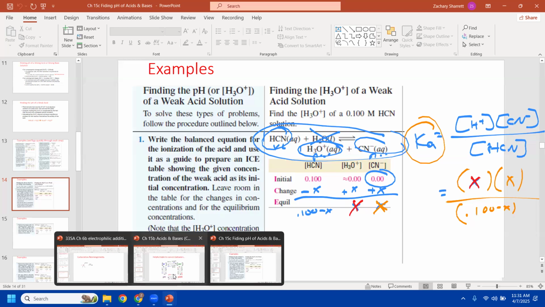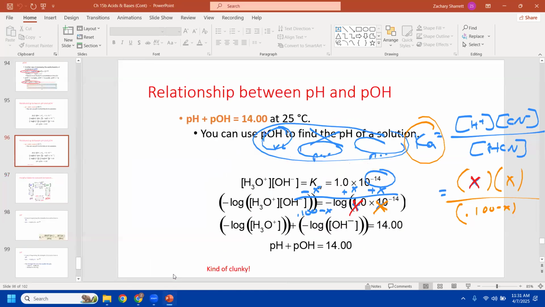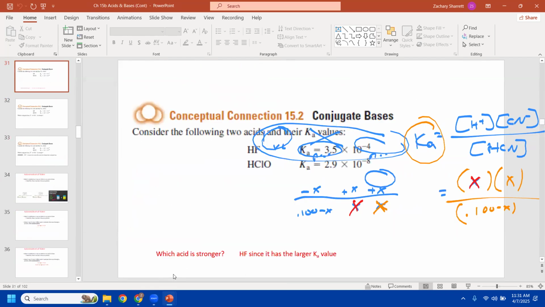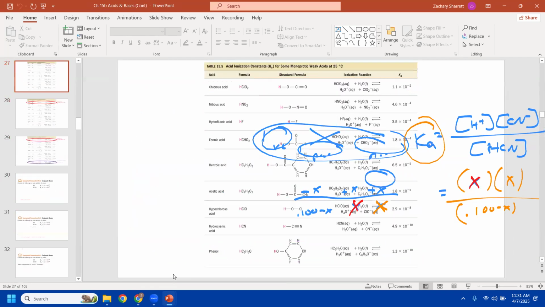Do we have values of Ka anywhere for an acid like, let's see. So this table over here. What acid are we dealing with in this? Was it HCN? Do we see HCN in this list? Hydrocyanic acid has a Ka equal to 4.9 times 10 to the negative 10th.